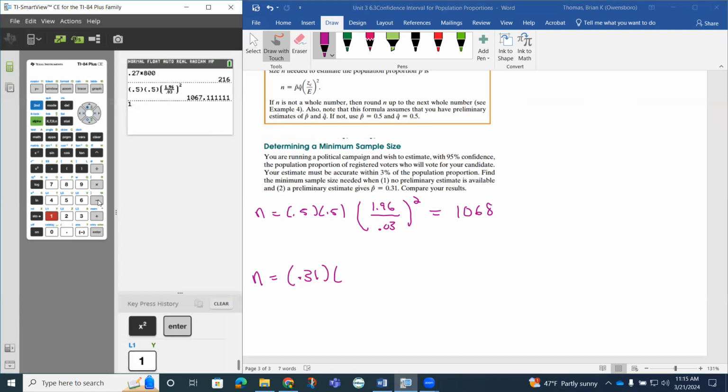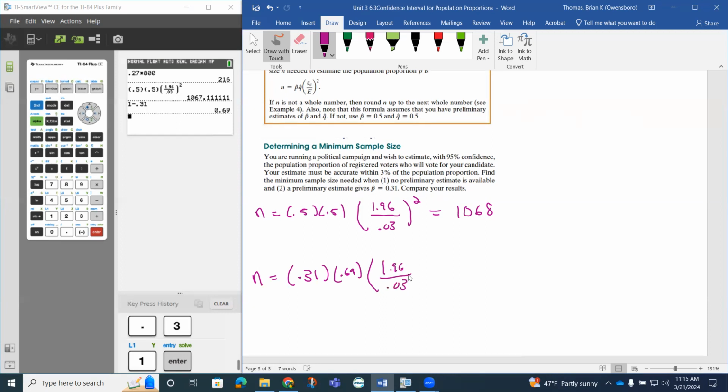So 1 minus 0.31 is 0.69 who are not going to vote for us. The rest of this stays the same. Since we're not looking for as many people to vote for us, our sample size probably doesn't have to be as much either.